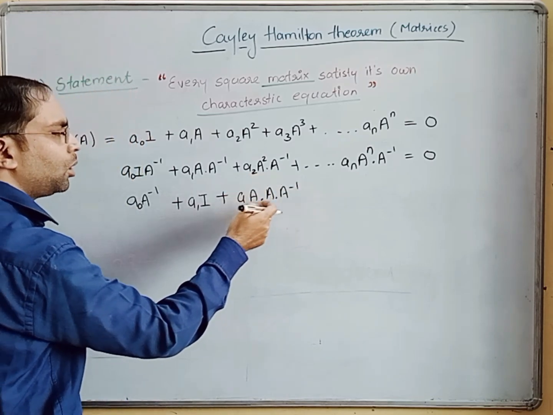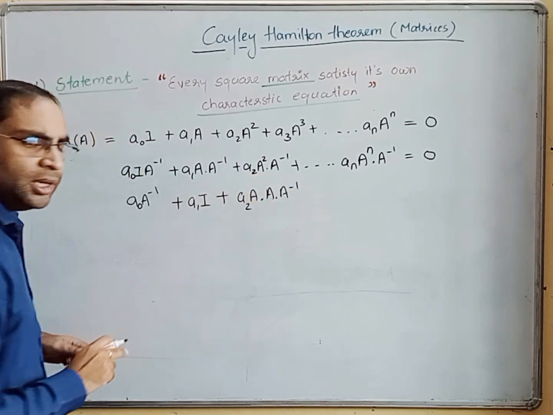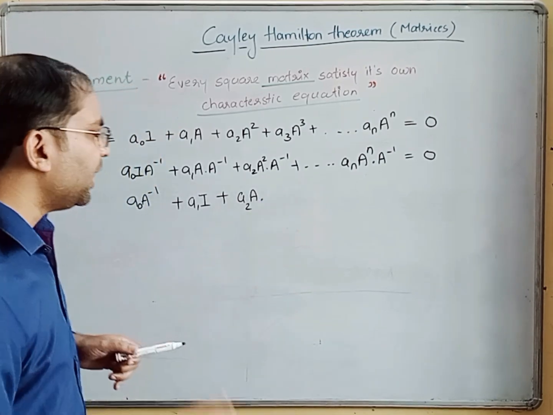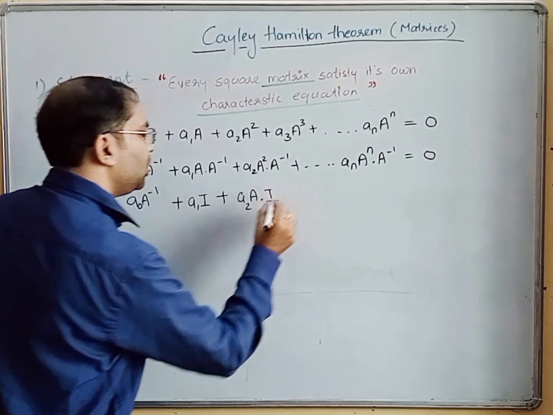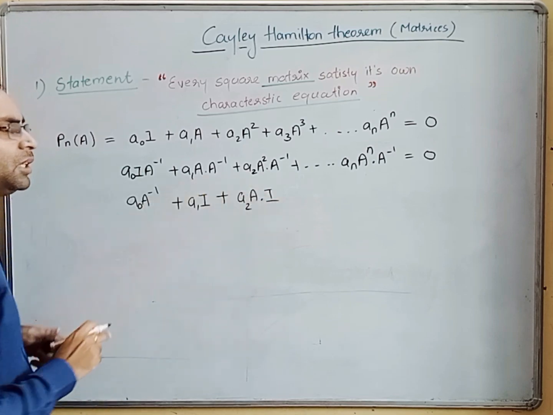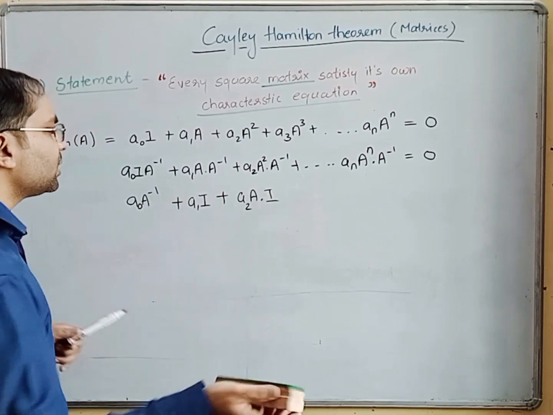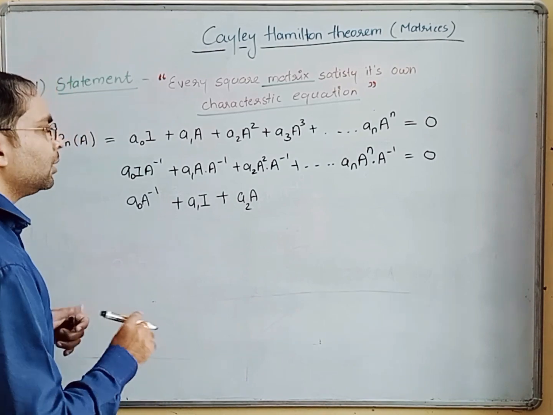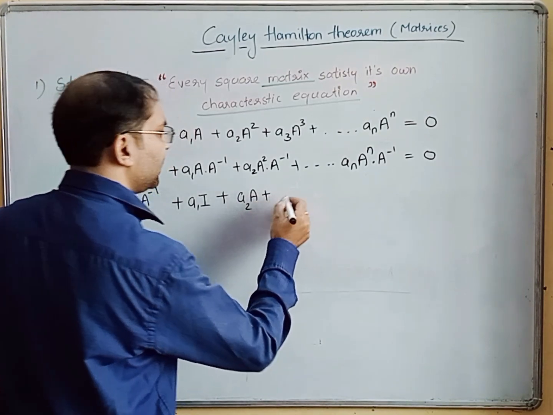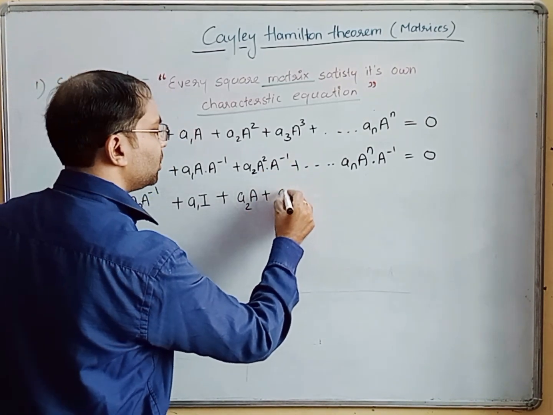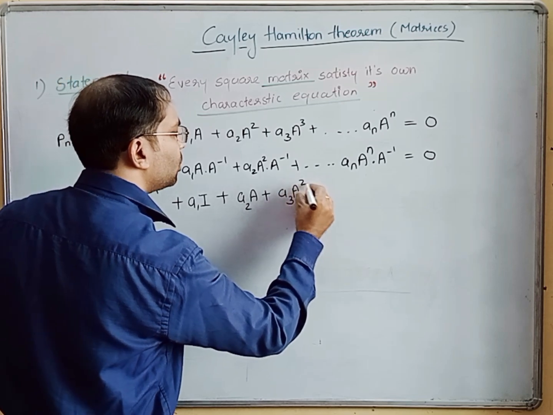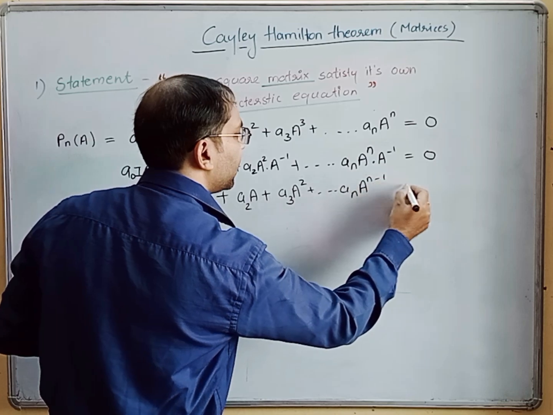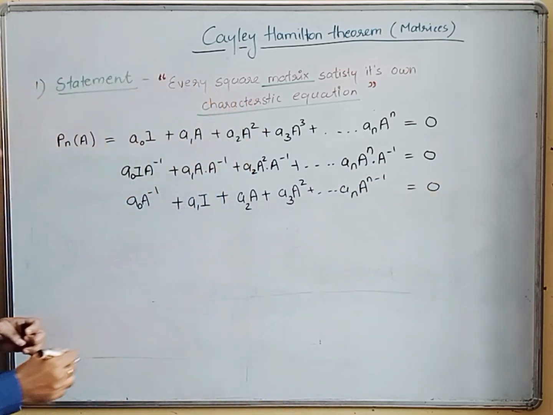We can write A square as A dot A, and this A dot A inverse in turn will become I. So this will be the identity matrix, and as we know that any matrix multiplied with the identity matrix will give us the matrix itself. So this can be written as A2 A plus and so on. If we write another step, this would be A3 A square plus and so on, An A to the power n minus 1 is equal to 0.